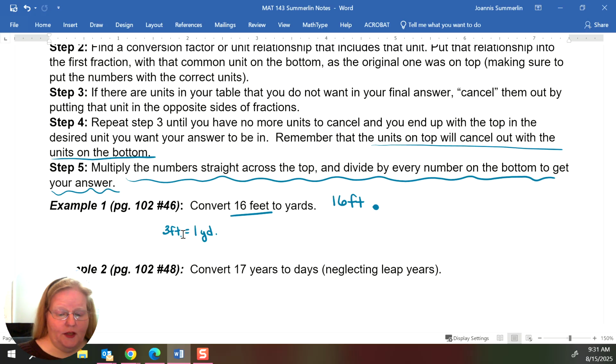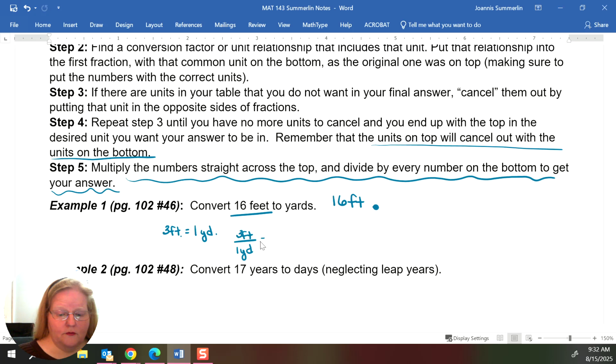This gives me the opportunity to make a fraction. I could make 2 different fractions with this. I could either make 3 feet on top and 1 yard on bottom, because that's a true fraction. It still would equal 1. It'll reduce down. They're true things.